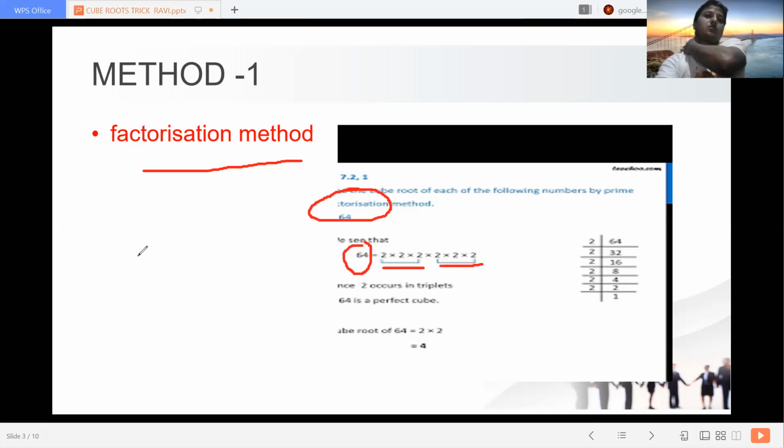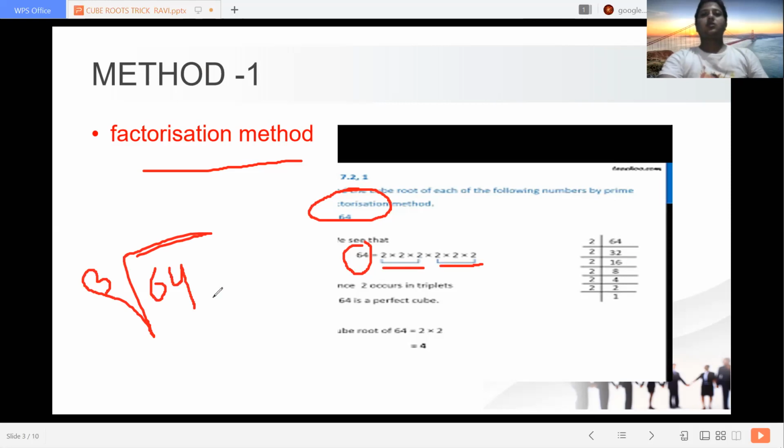Therefore cube root for 64 comes out to be 1 two from this set, another 2 from this set. 2 multiply 2 is 4.